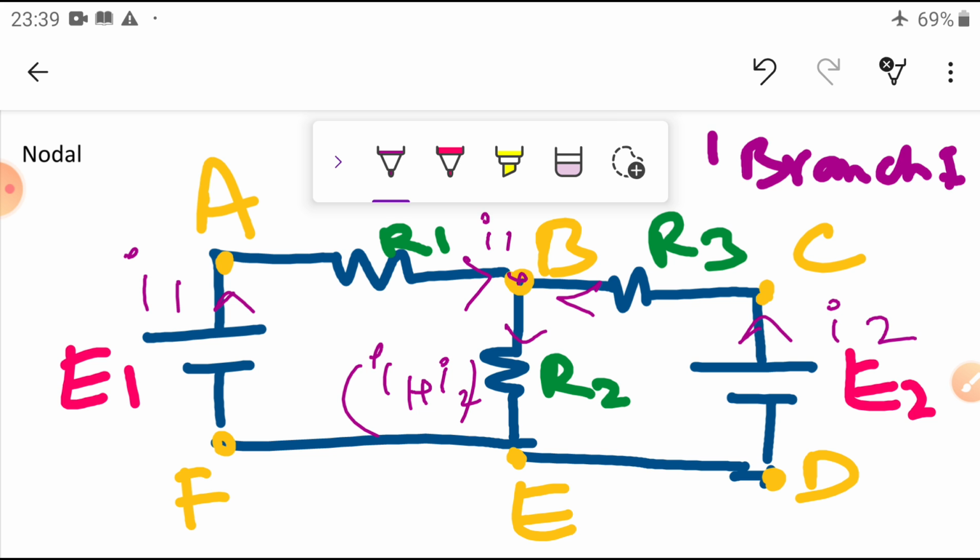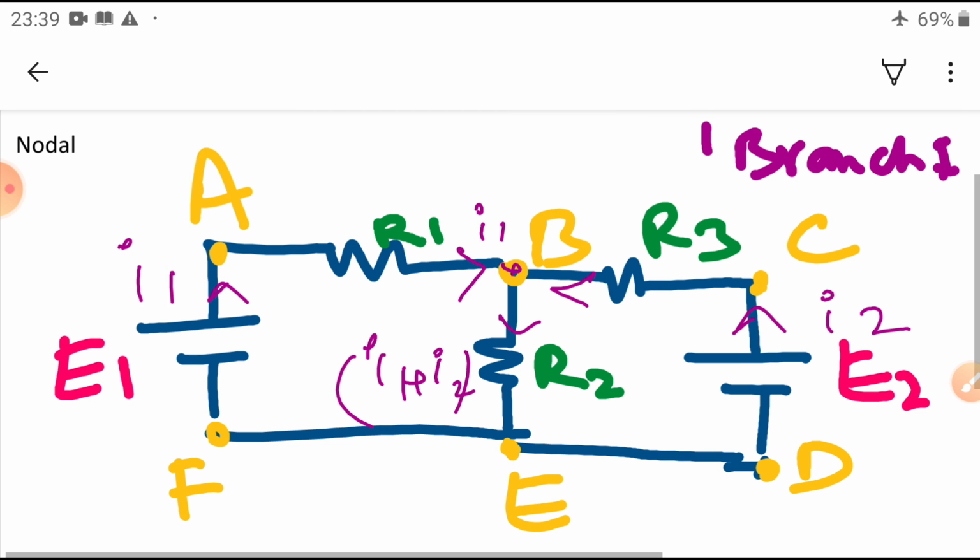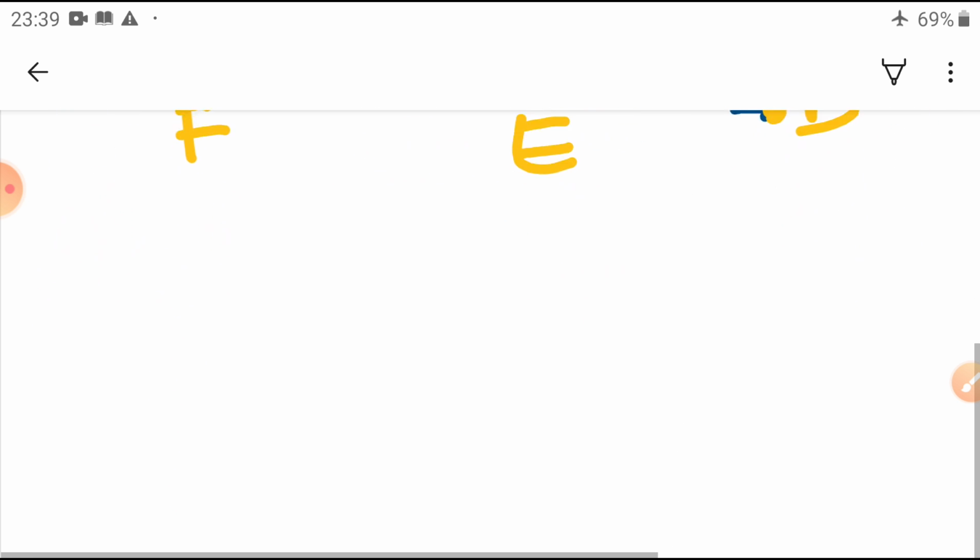Now the loop current method, with the same circuit.